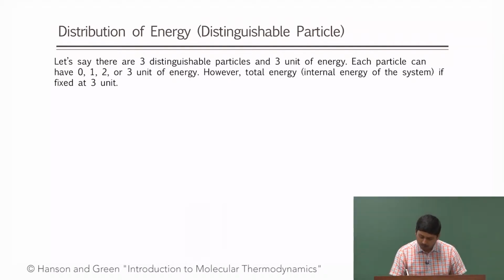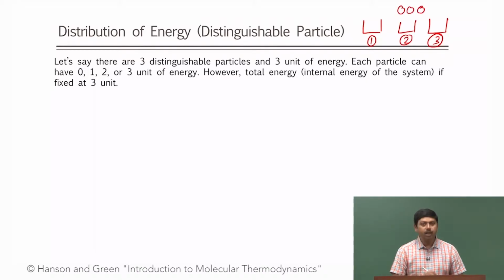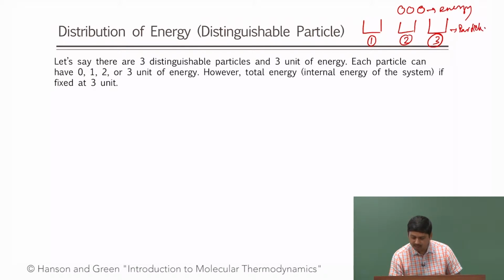I will just remind you, it is like you have 3 distinguishable boxes and you are putting 3 indistinguishable particles. I did not color them, they are indistinguishable. So, here I am saying that this is our energy and this is our particle. Why? Because particles are distinguishable and energies are not. That is why we have arranged that.